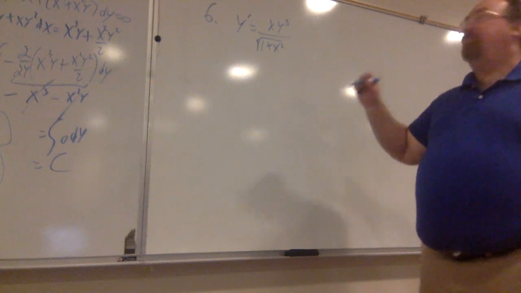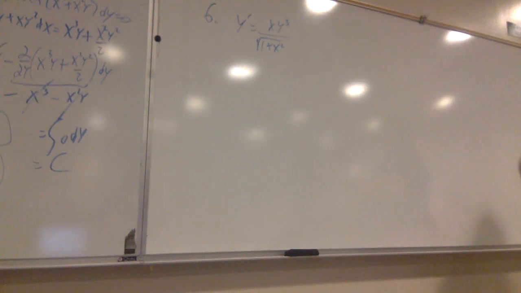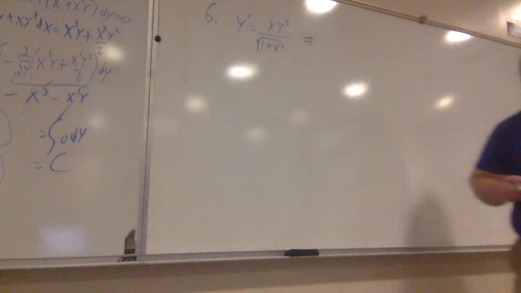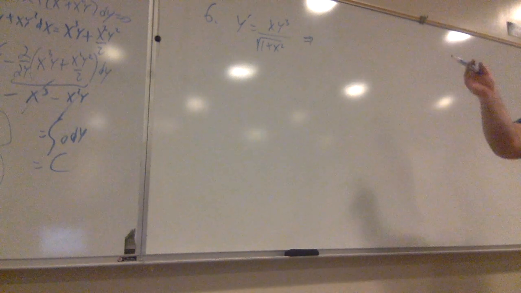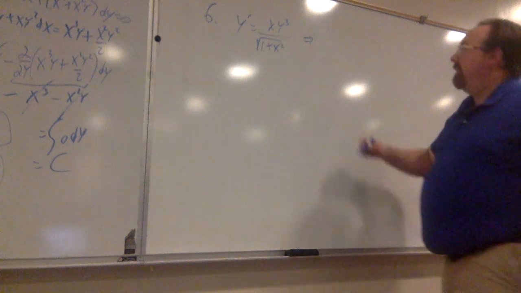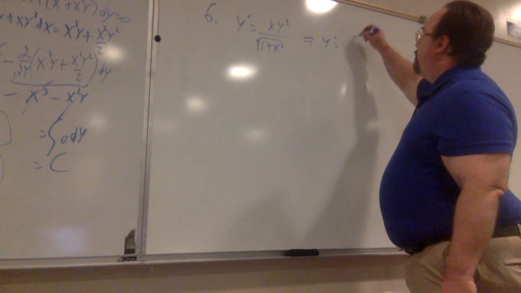This is separable. Now, there were a number of people who correctly, from what I can tell anyway, with their work, identified it as separable. But you've got to think about what that means. That this right side can be separated into function of x times function of y. So, if I write it this way, just a little spacing.